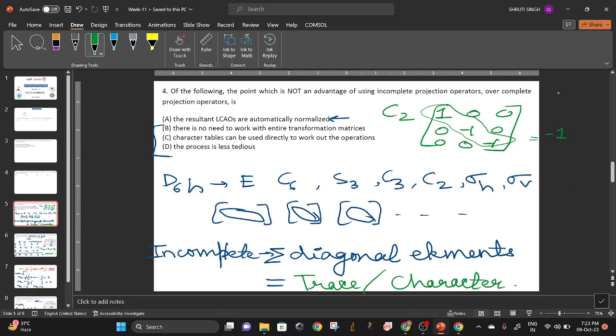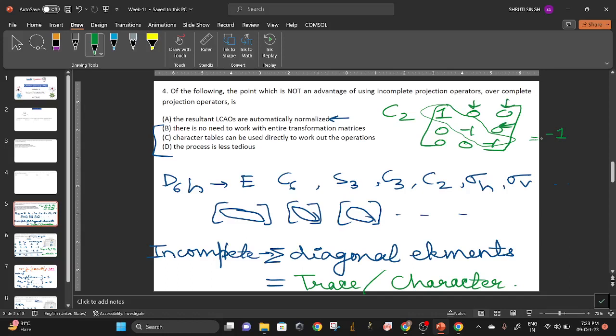The atoms which are unchanged, only those atoms contribute. The atoms which are unchanged come on the diagonal, while the atoms which change place come somewhere off the diagonal. So the incomplete projection operator works with diagonal elements, so we don't need to calculate the off-diagonal elements.